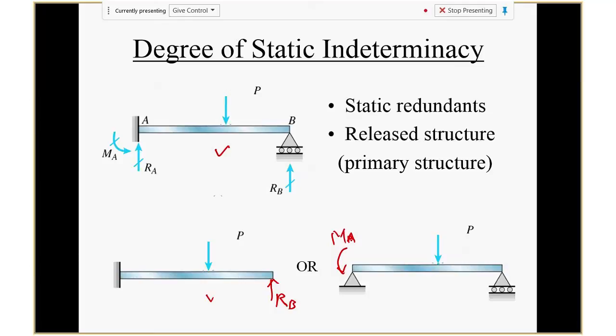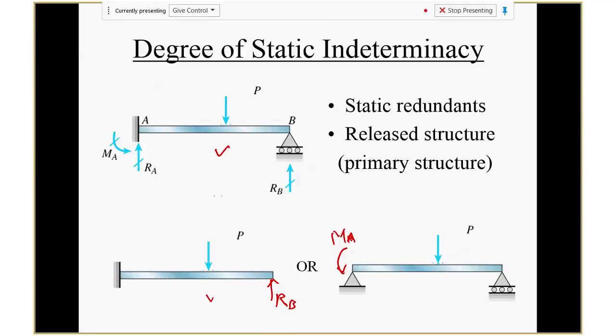So there are always multiple ways you can remove the redundant restriction and replace it with a force or moment. Some are easier than the others. In some cases, for example here, these two are equivalent. They're about the same level of difficulty. But some are different.